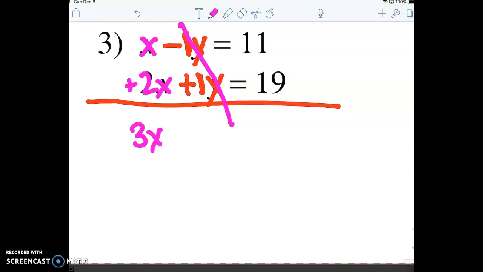Una x más 2x igual 3x. I'm going to bring down the equal sign, bajando la igual. And I'm going to do 11 plus 19. 11 más 19. So here I get 30. Igual 30.